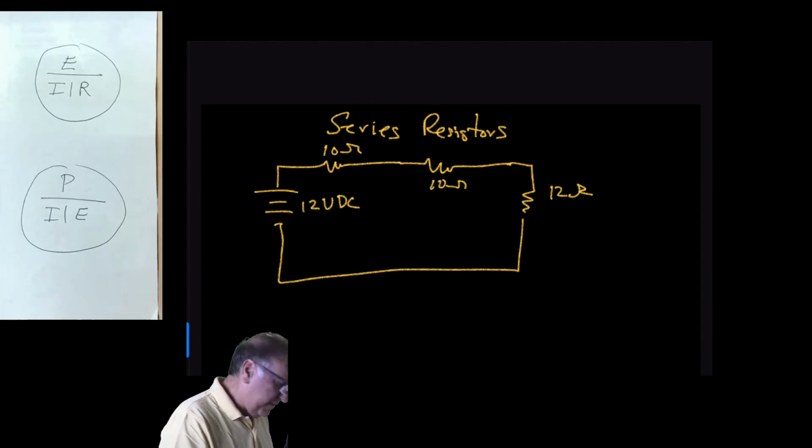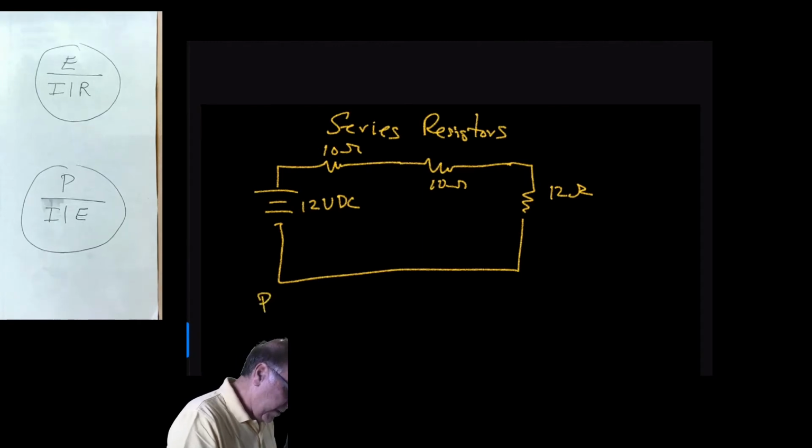So the formula for the total resistance of a series circuit is resistance total, we call it T, is R1 plus R2 all the way up to R sub n.